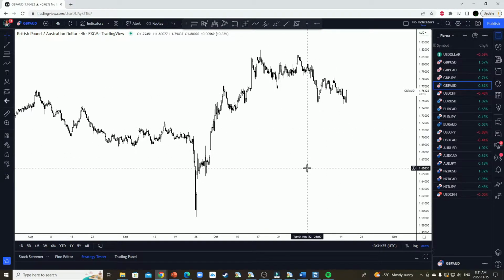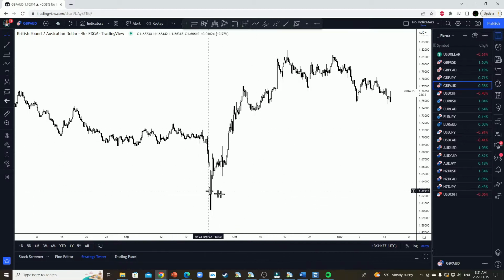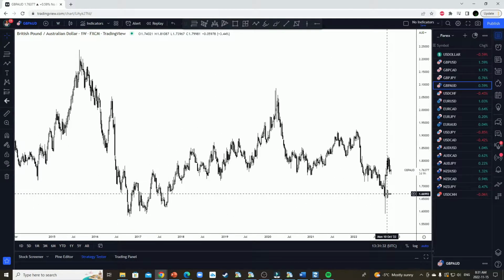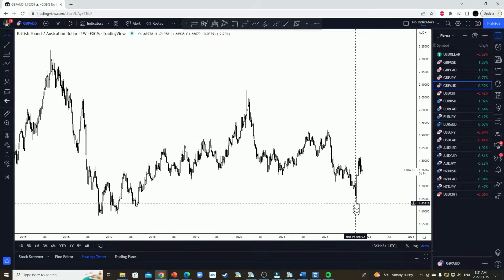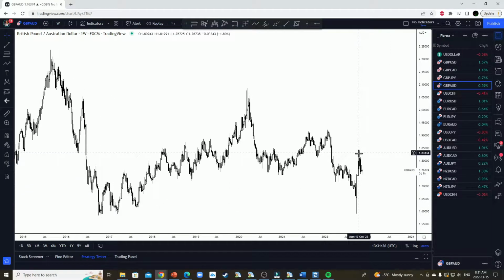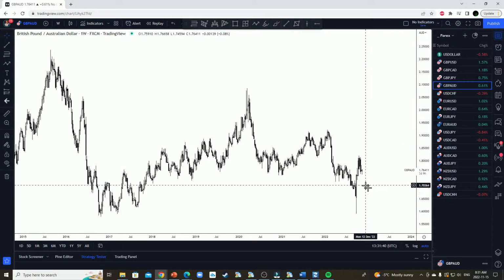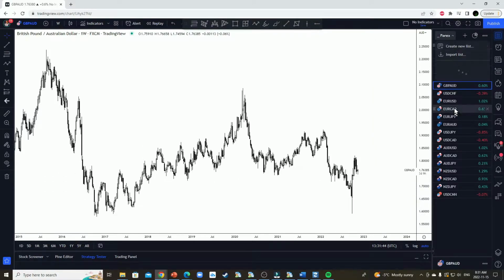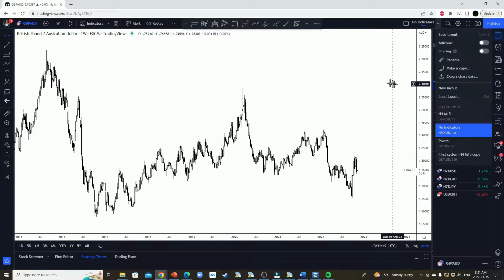I think that from here, we had a V shape on the pound on many crosses. What's happening now is that it really overshot and then it retraced, and now I think it's going to keep going up. That's kind of my thinking at this point. You can use indicators if you want to time your entry.